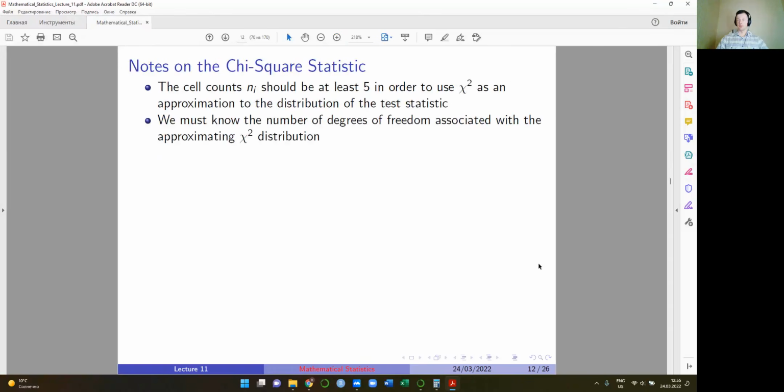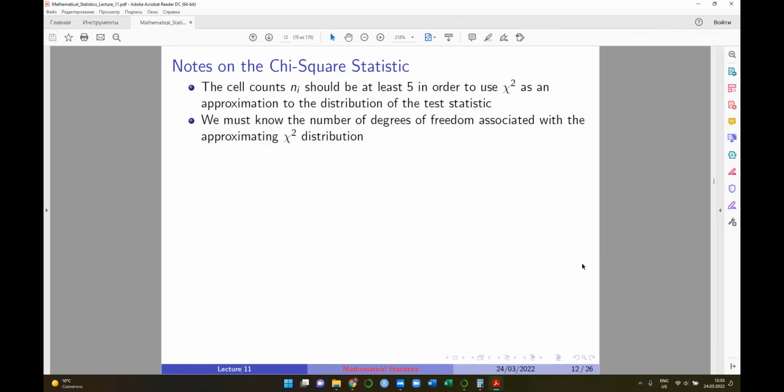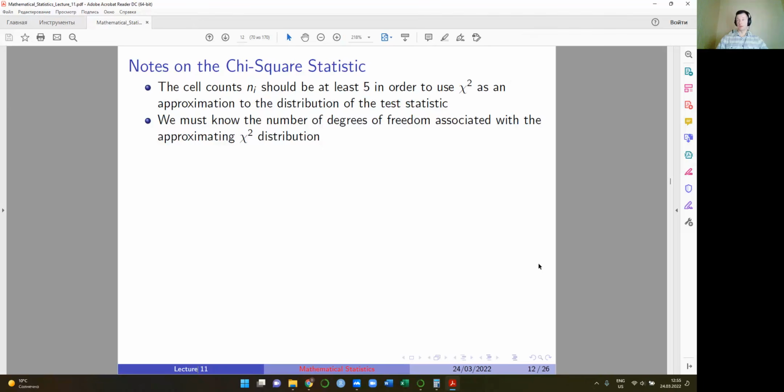Then, the chi-square distribution has basically one parameter. This parameter is the number of degrees of freedom. Which means that we need to know the appropriate number of degrees of freedom associated with the chi-square distribution.